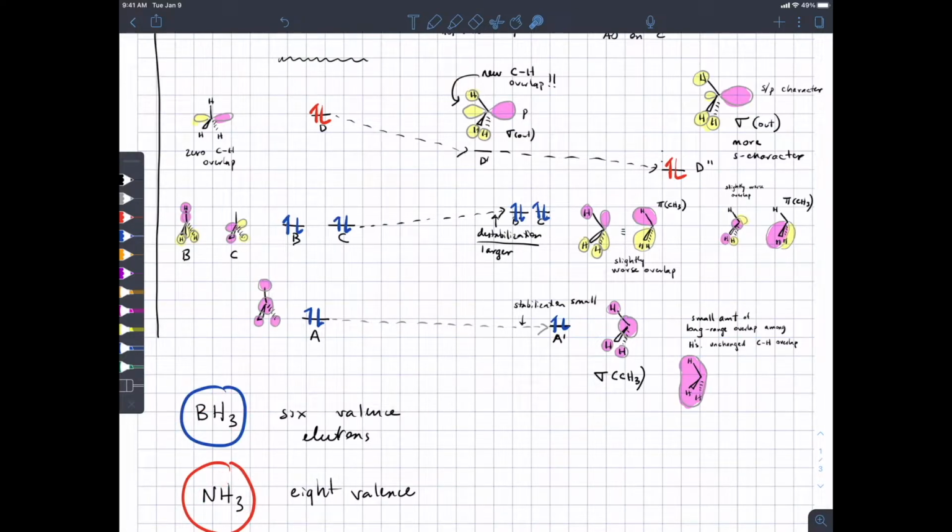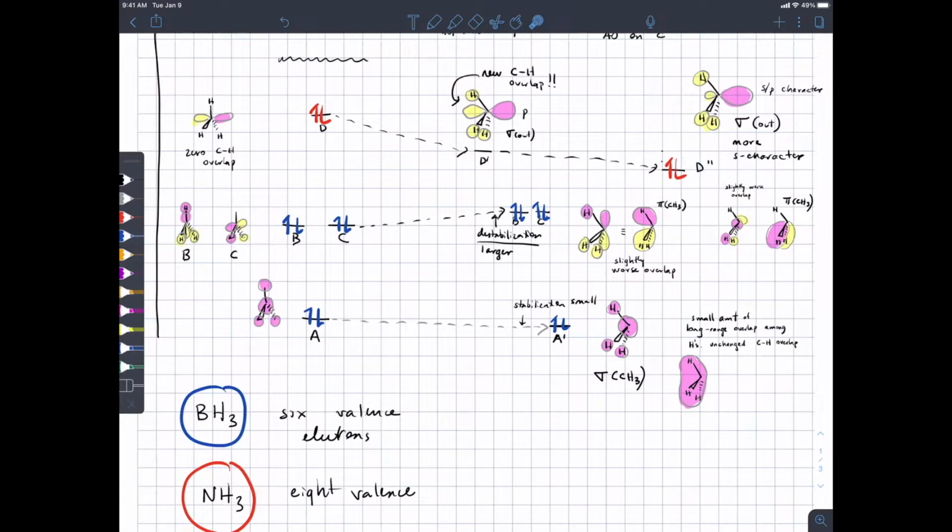And recall that BH3, with only 6 valence electrons, represented in blue here: if you make it planar, those electrons are lower in energy than they are if you make it pyramidal.